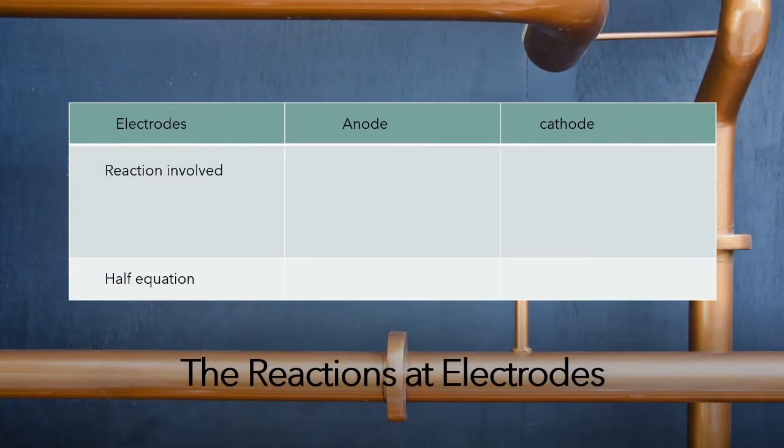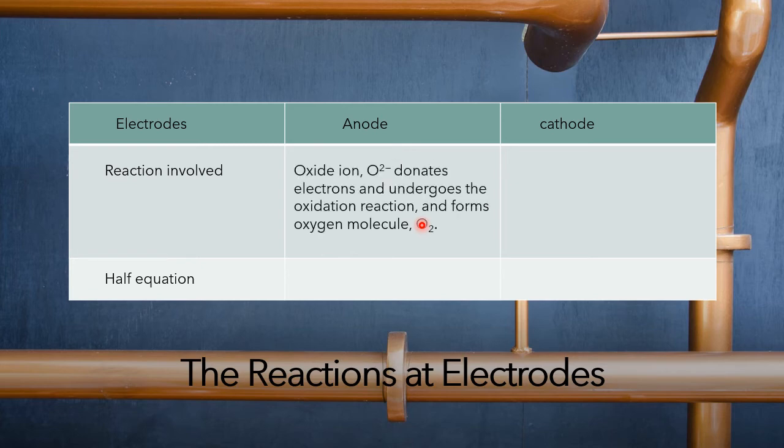Okay, so reactions involved, we have two electrodes, anode and cathode. Reaction involved at anode tadi adalah, okay, oxide ion O2- donates electrons and undergoes the oxidation reaction and forms oxygen molecule. The half equation is like O2- here releases electrons to become oxygen.